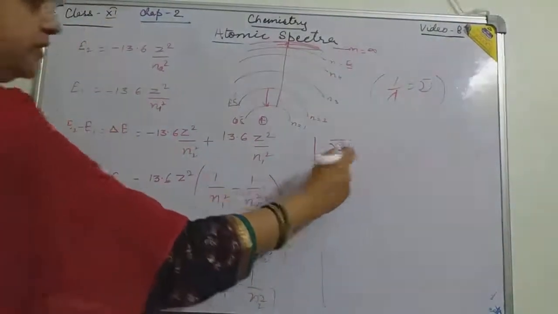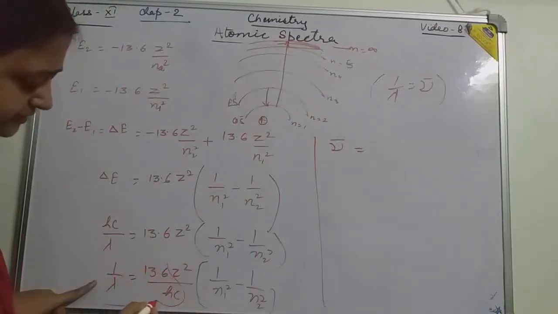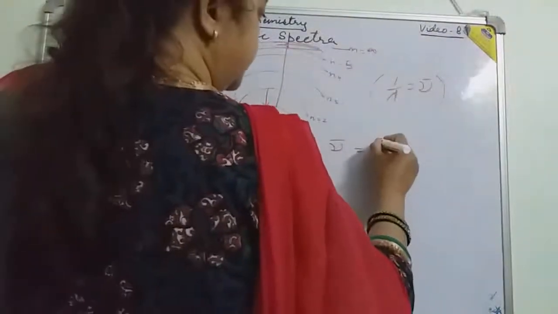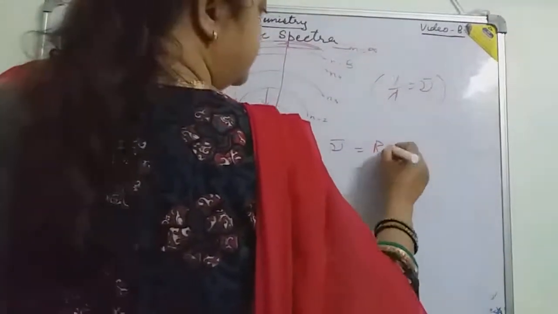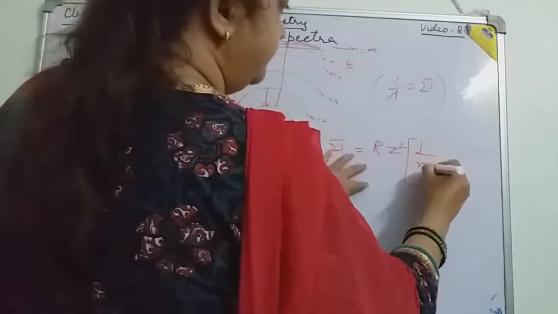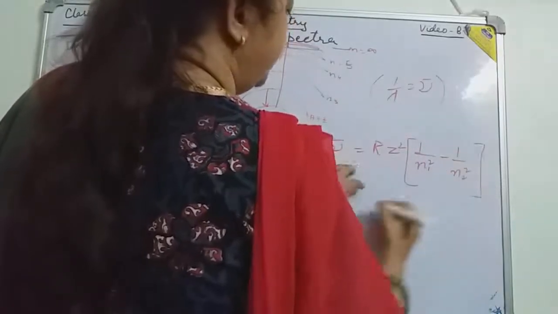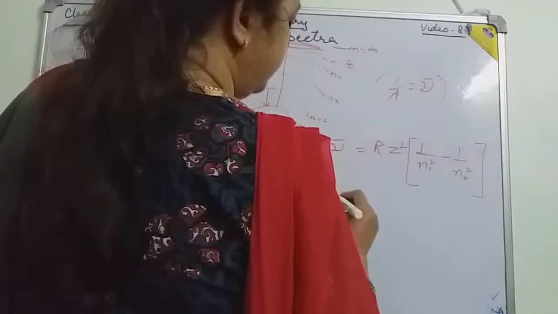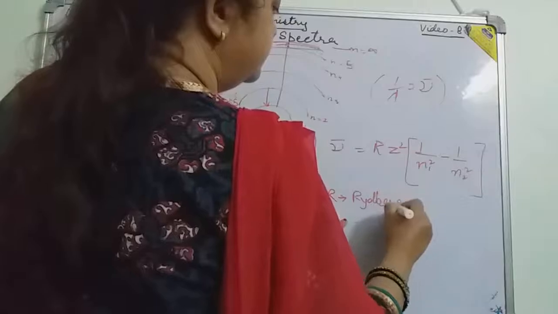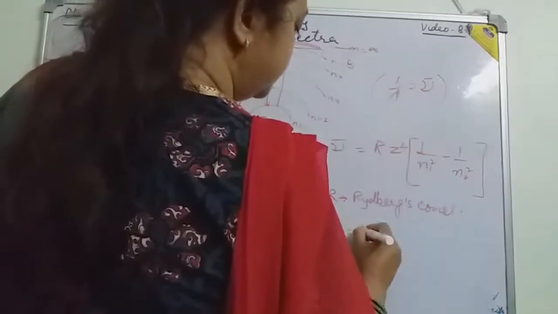So wave number is equal to, after calculating 13.6 over h and c, we have a constant called Rydberg constant, times Z square times 1 by N1 square minus 1 by N2 square. And the value of Rydberg constant R is called Rydberg's constant.